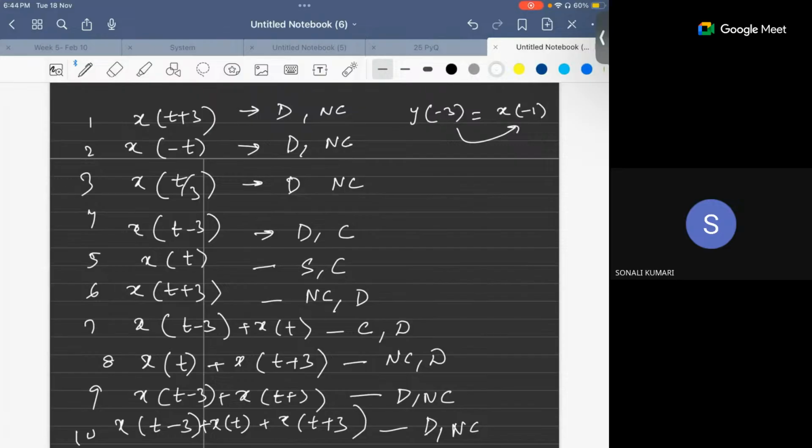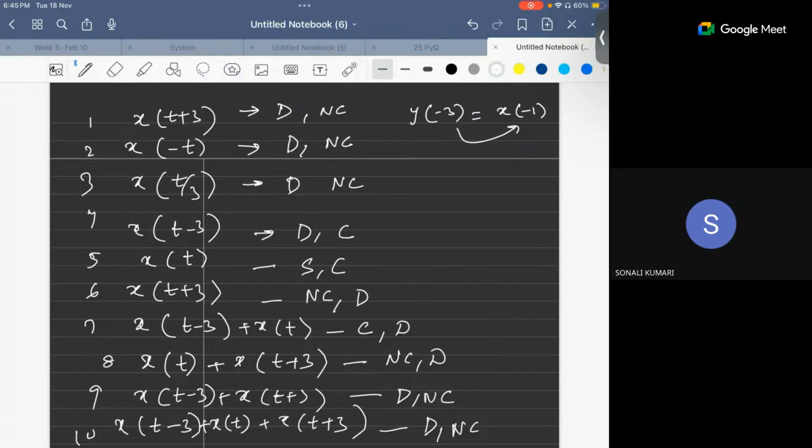Non-causal and dynamic come together because non-causal generally depends on future things, and whenever future things come, there can be dynamic. But there can be some systems which depend just on the past. That can be dynamic but causal, right?